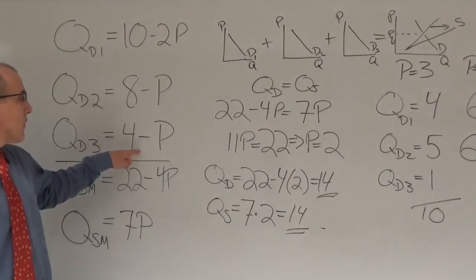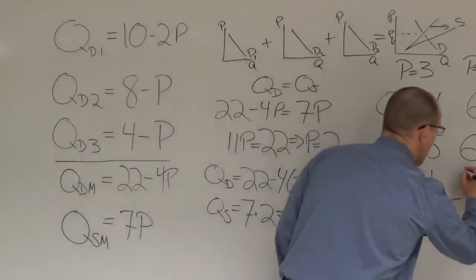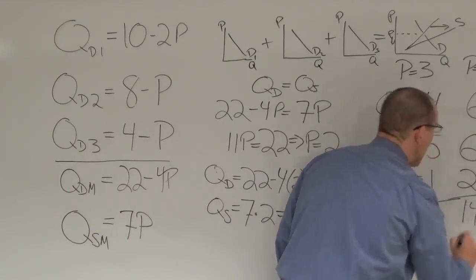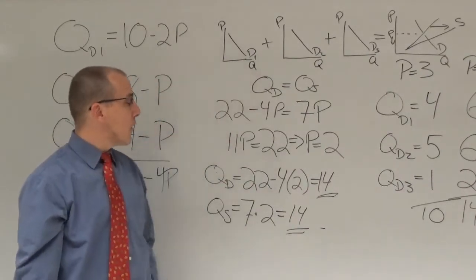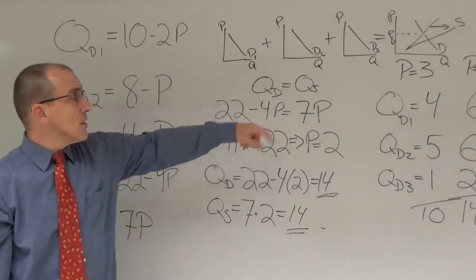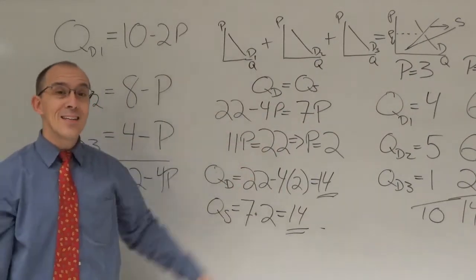And for the last person, 4 minus 2 is 2. For a total of 14. So you can see here that clearly the change in the supply curve has led to an increased quantity. It's also led to an increase in quantity purchased by each of the people, but by different amounts.